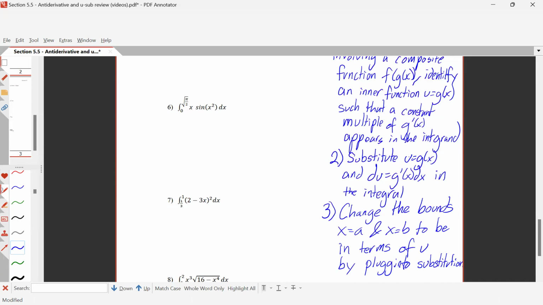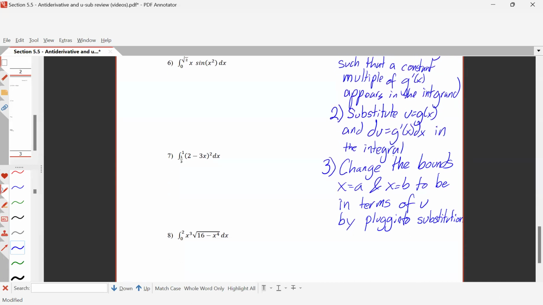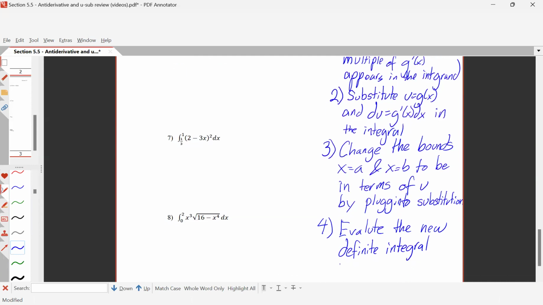So we take the thing in terms of x and plug it into our substitution, and we'll turn it into being in terms of u. Now our whole integral is in terms of u, including the bounds, meaning now we have something to evaluate and get a number. So we can evaluate the new integral. And since at the end of this we would get a number, there's no switching back to x that needs to happen.